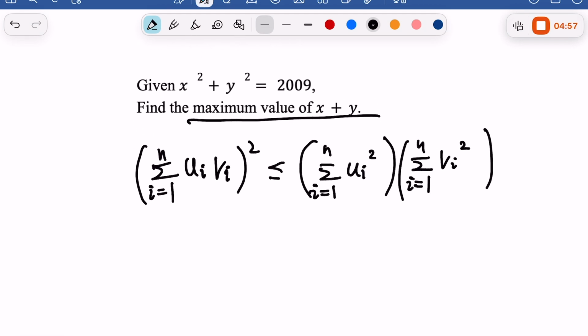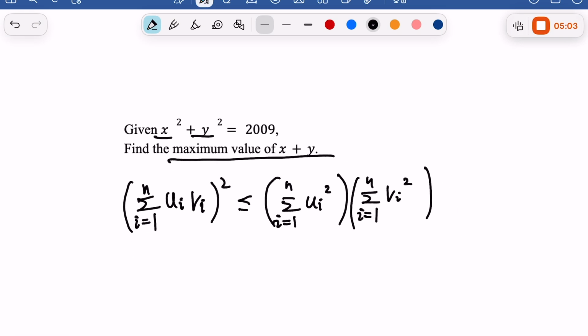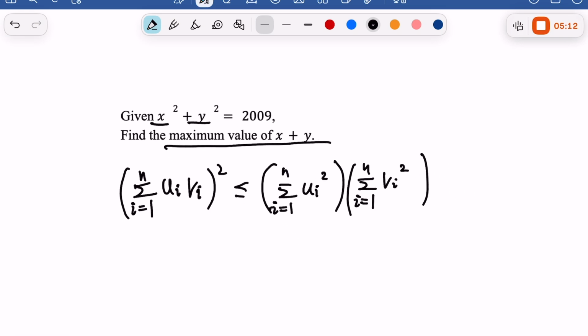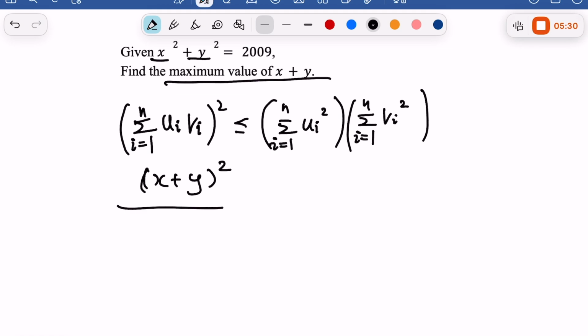Right? So in this case, we just need to consider two terms because we just have x and y. And to find the maximum value of x plus y, we can likely find the maximum value of x plus y squared, because using this, we can find the max value of x plus y. So what if we let u equal x and then y?